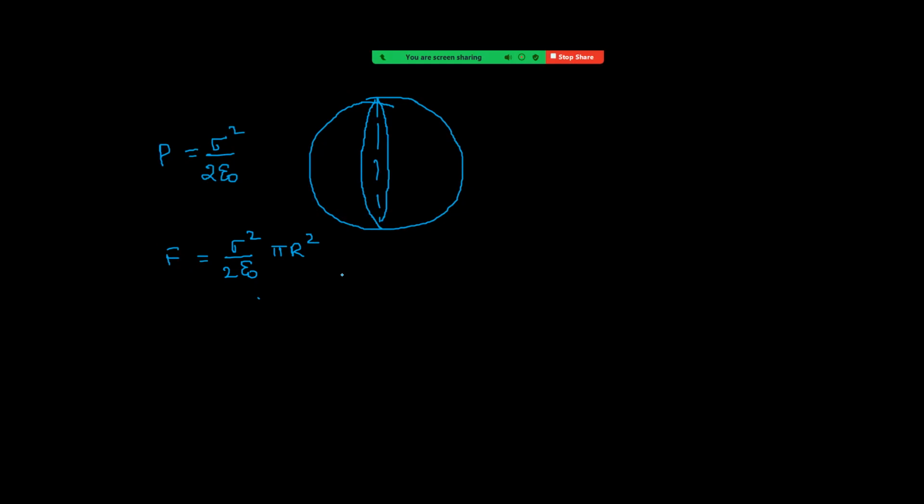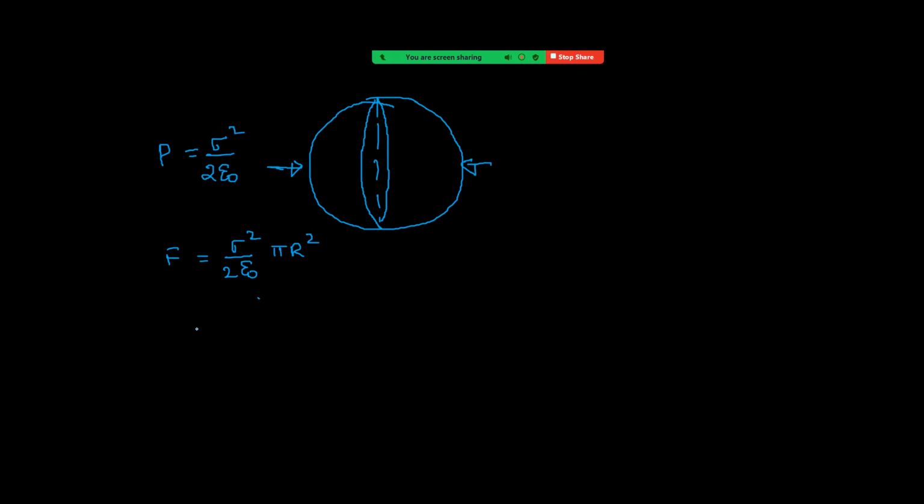This is the force acting by this one on this one, or by this one on this one. So if you want to keep these two together, we have to apply the same magnitude, direction must be opposite. That means the answer is sigma square by 2 epsilon naught into pi r square.